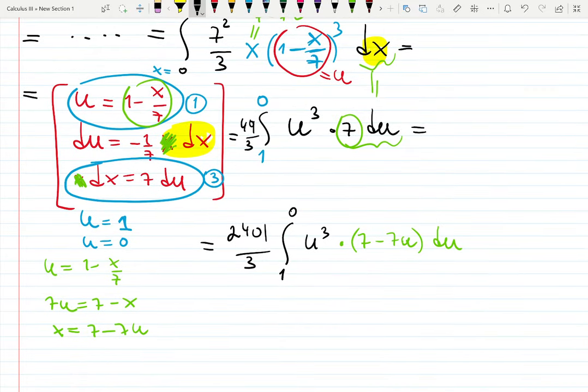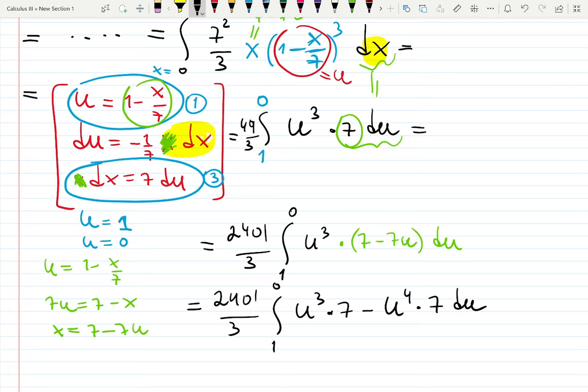Integrate that by distributing. Yeah. 2401 over 3, 1, 0. u cubed times 7 minus u to the 4 times 7 du. Kind of wondering, u cubed and u to the 4.